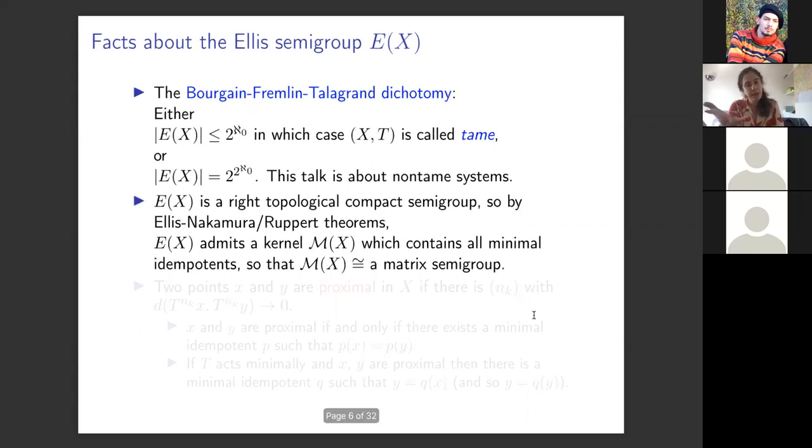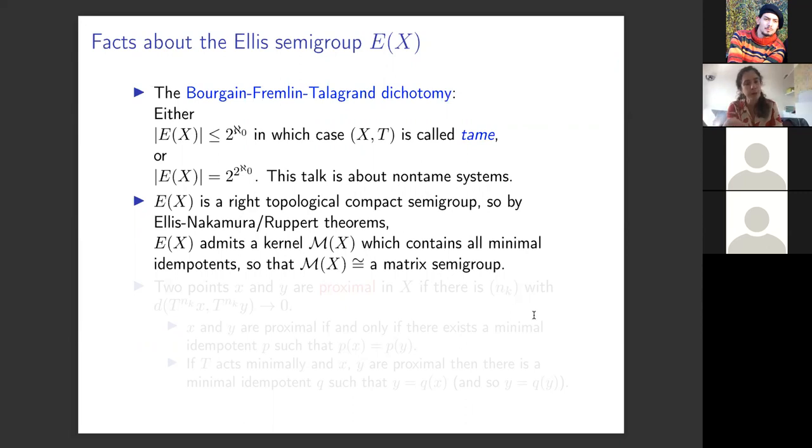Okay, so that result that I'm talking about is relatively recent, but much older is a result which tells us that for our Ellis semigroup, we are guaranteed that we have a kernel, and we're guaranteed that we have idempotents, okay? So this follows from results by Ellis, Namioka, and Ruppert, which say that if X is a compact space, the Ellis semigroup is a compact semigroup.